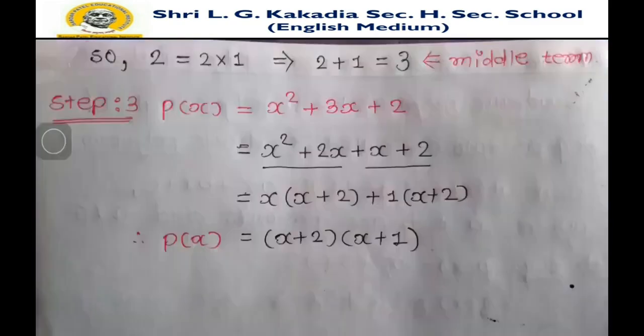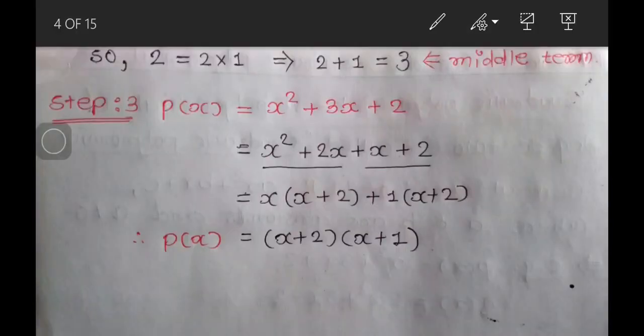Here we factor 2 as 2 into 1. If we take 2 as positive, we make the addition of 2 and 1, or subtraction of 2 and 1, then we get the middle term as +3.